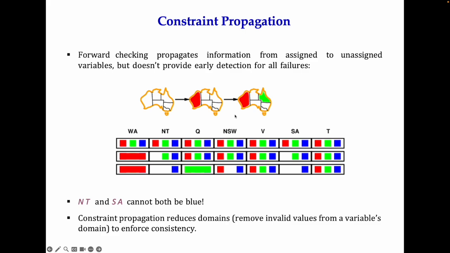With arc consistency, it repeatedly enforces constraints. So instead of just looking one step ahead, you are iteratively enforcing the constraint across multiple variables, or multiple regions in this example. So this time it doesn't just check the direct neighbors, but also checks all throughout the network.